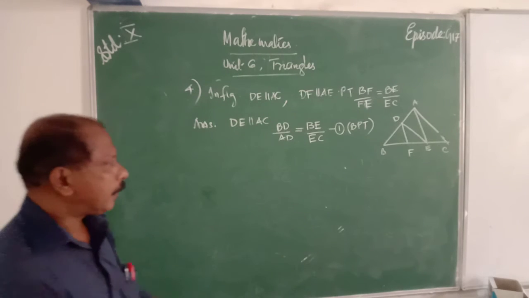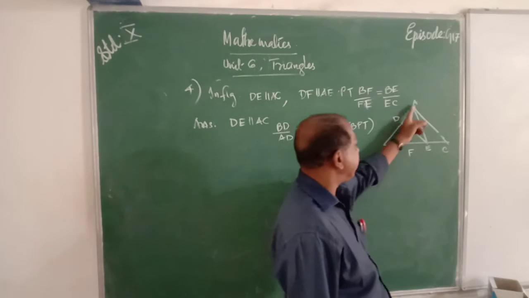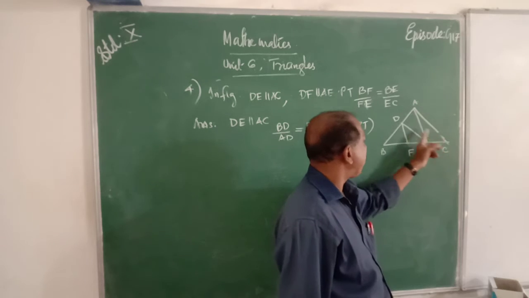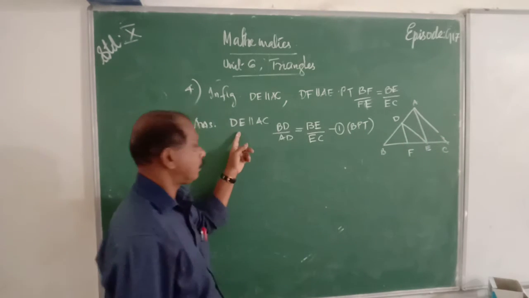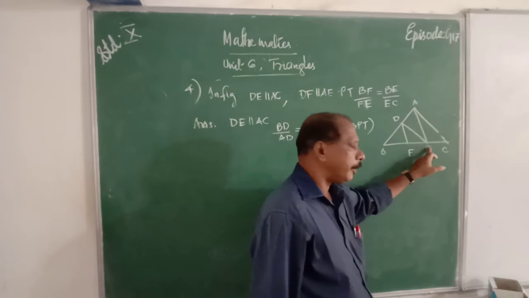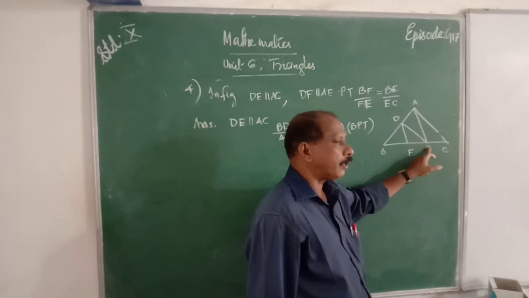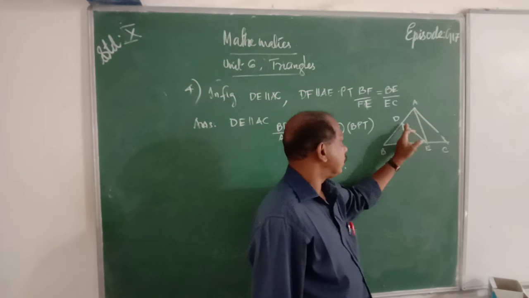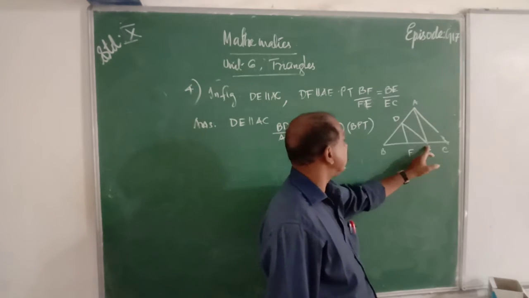Clear? Then the first triangle is ABC, AC is parallel to DE, that is given. In the second triangle ABE, DF is parallel to AE, that is given.